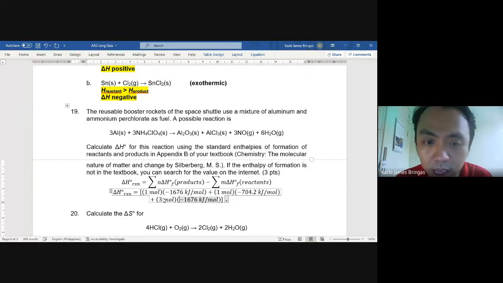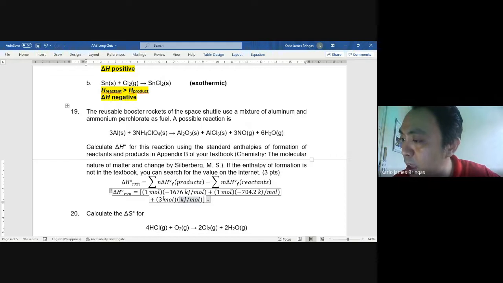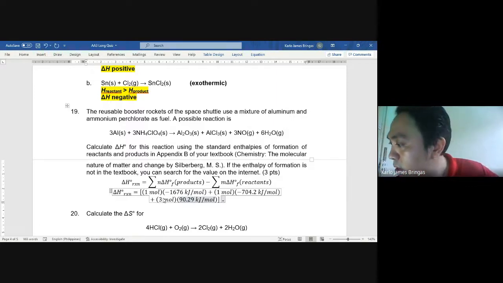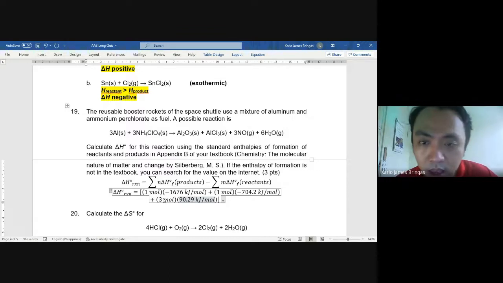And for its heat of formation, looking at my Appendix B, I have my NO gas having a heat of formation equal to 90.29. Okay. Plus, finally, the last product that we have is the water.